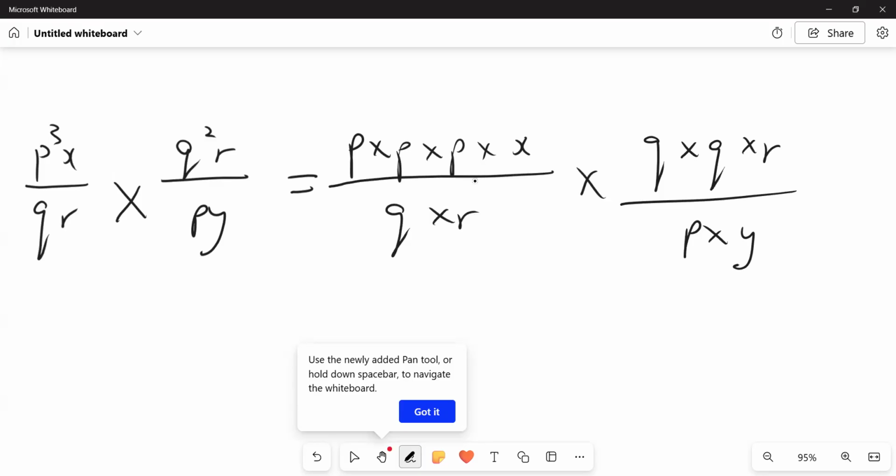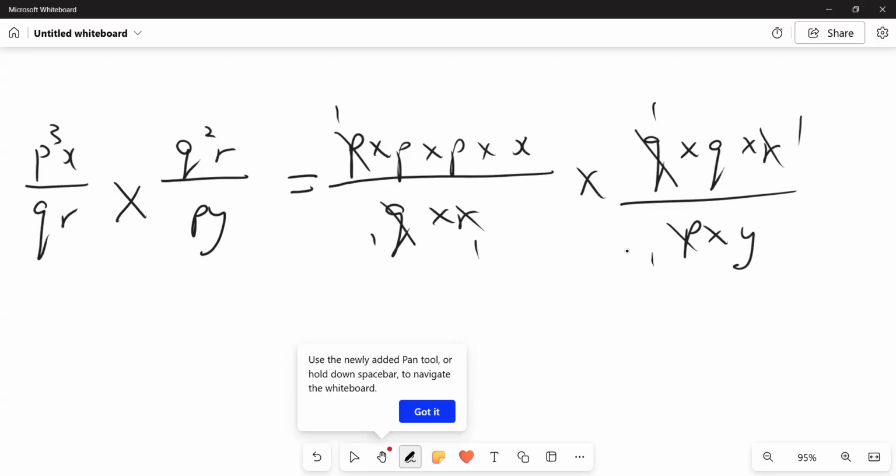And we can cancel any numerator with any denominator now. So we can go with this q and that q up there. Then we can do this r and this r. Then the p's, p and this p. Nothing more.